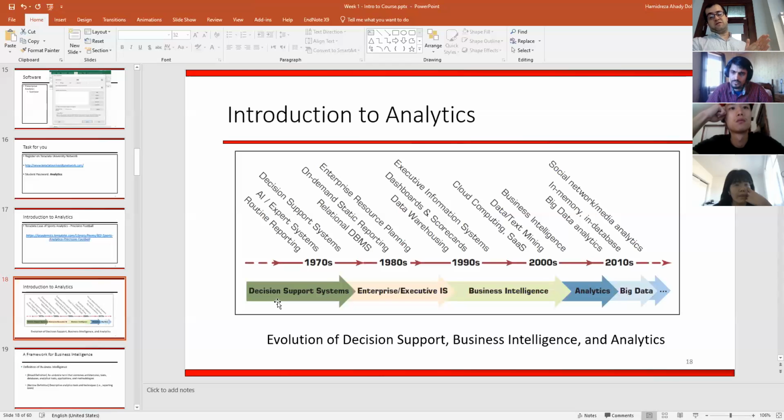And now after 2010, we are in the era of social media and streaming data. Before that, you recorded all of your data, put it in the warehouse or a big database management system, then you ran your models on a big amount of data. But nowadays, we have a stream of data.